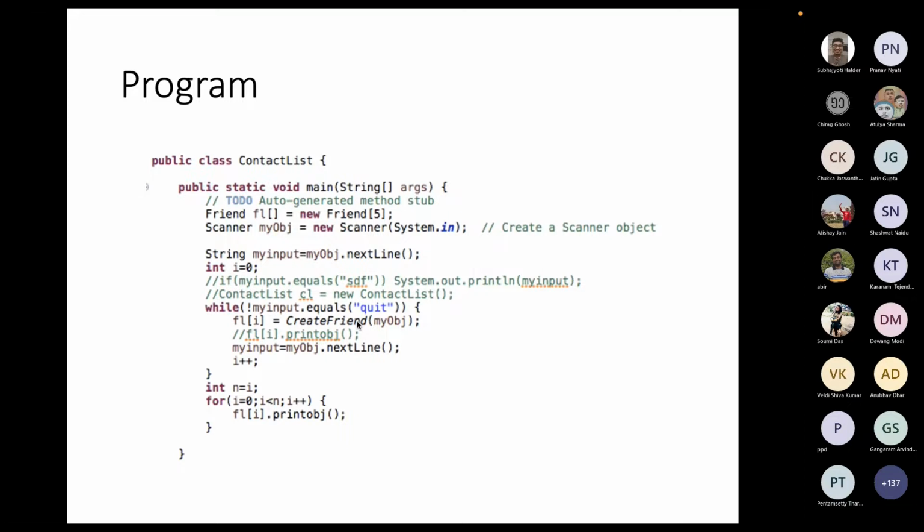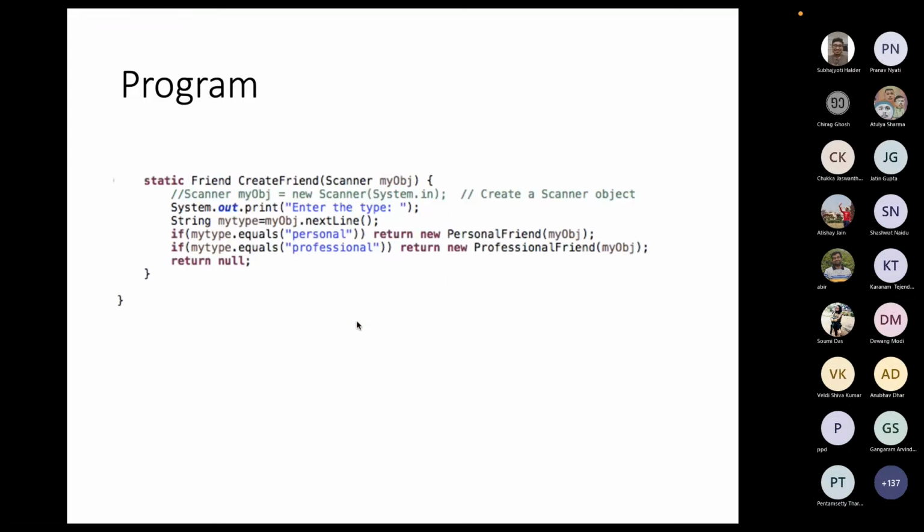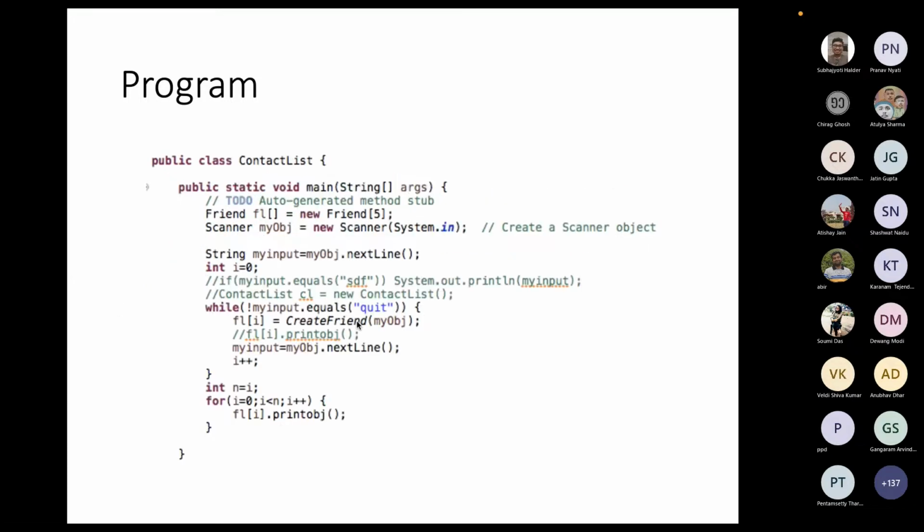So I hope I was able to give you an example. This is one design; there are many things you could have. Maybe in the interest of time, we will not go into further discussion on this program.